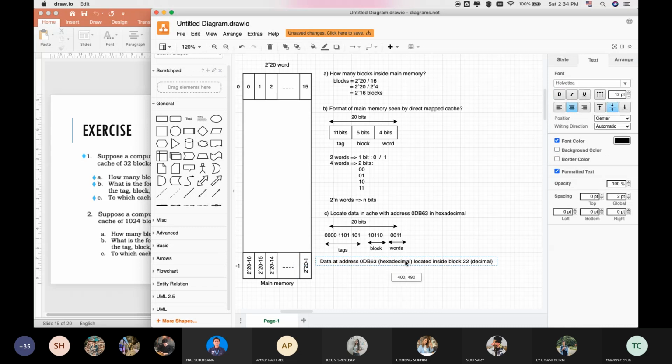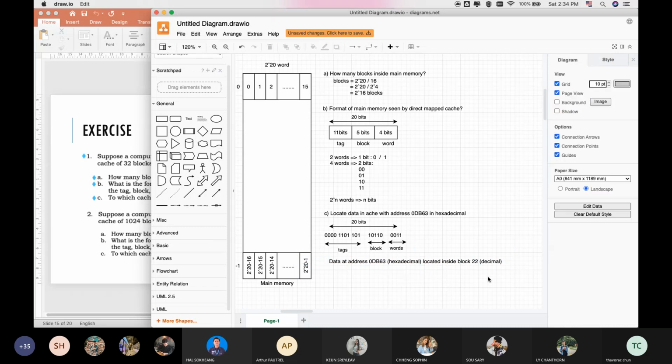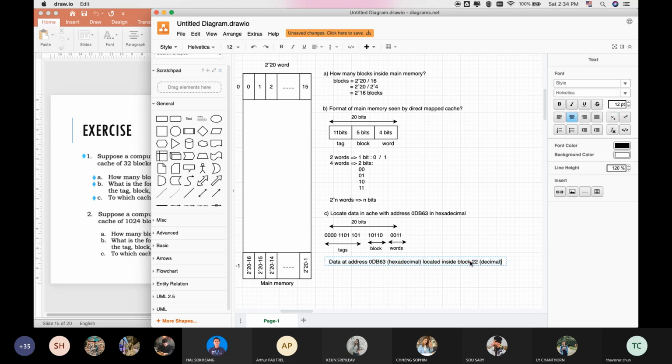Do you understand what I mean now? You know that it's inside block 22 of the cache.